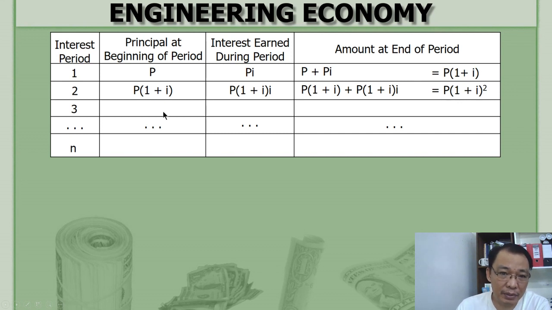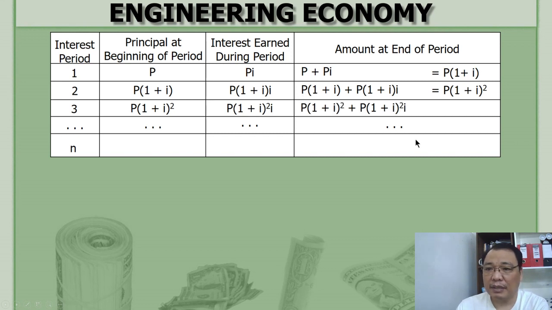And then, for the third period, mo na ang principal, and then earn kay interest, and then i-add. For the third period, the common factor is P times 1 plus I squared. Pag extract, ang bilin is 1 plus I also. So, ang power sa 1 plus I, mo na ng cube.